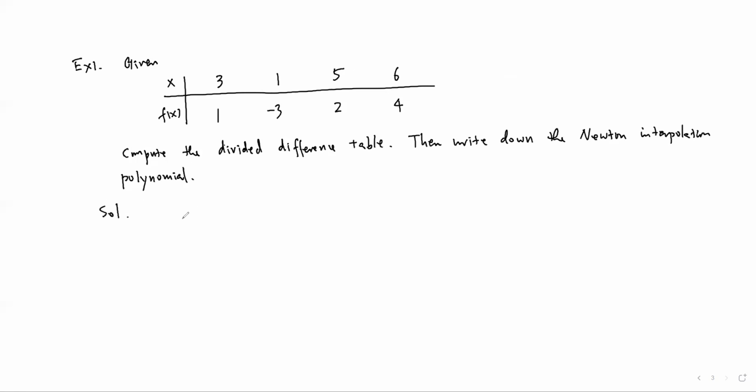Solution. The first column of the divided difference table is the nodes. The first row is 3. Second row is 1. Then 5, 6.